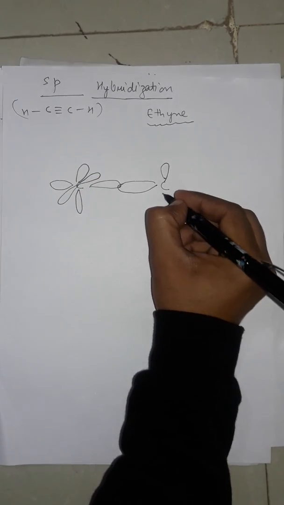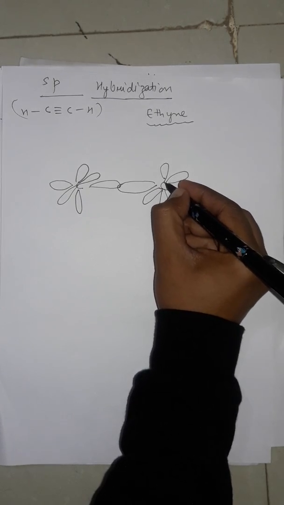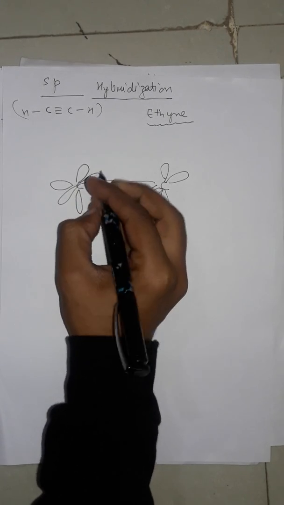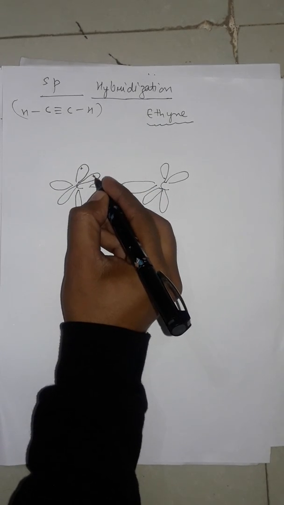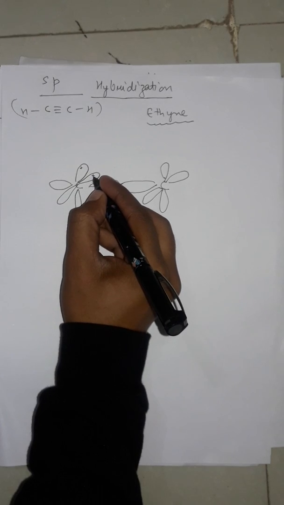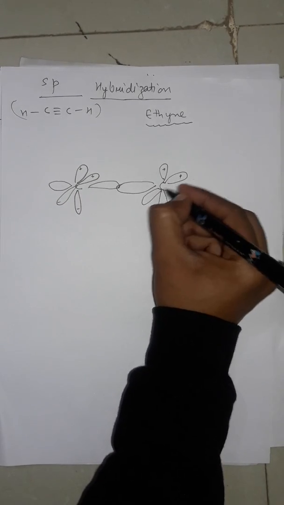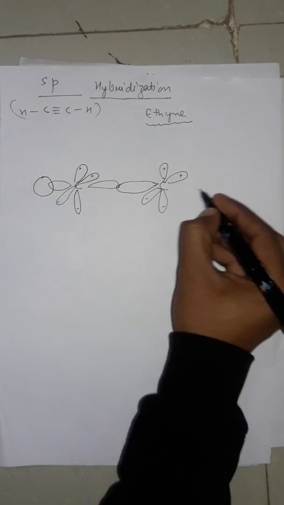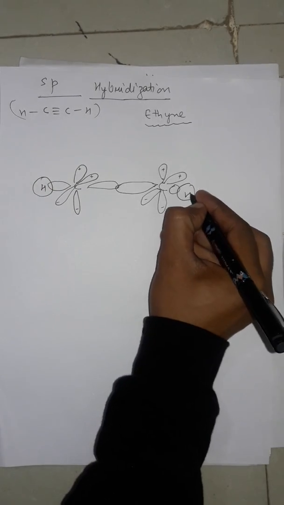So these are, this side is positive, this side negative, this side is positive, this side is negative, this side is positive, this side negative, this side positive, this side negative. So you can clearly see that the hydrogen will bond here. This is hydrogen, this is hydrogen.